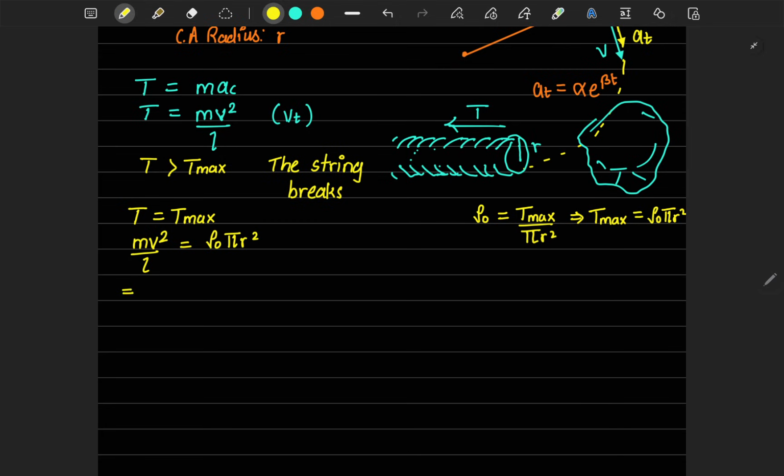So from here we can get the maximum velocity before which the string will break. By taking all the terms on the other side, we get rho naught pi r square L by m to the power half. Okay, so this is our Vmax.